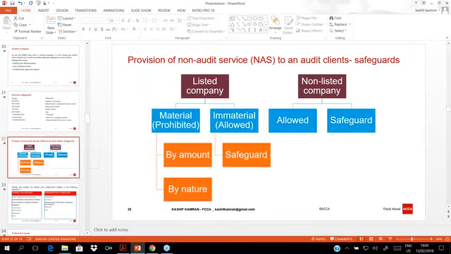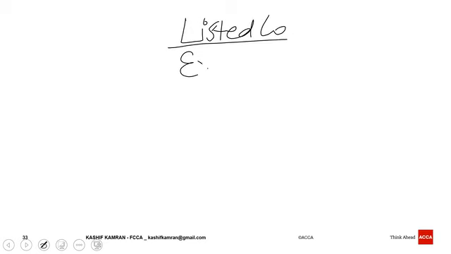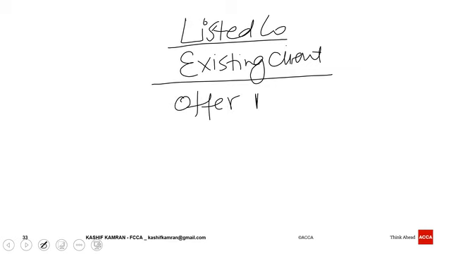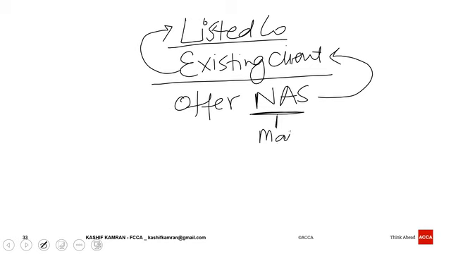And just before changing topics, now if you're confused, if you're auditing a listed company, and that is your existing client, and the question says that you need to offer a non-audit service to your existing client, and the existing client is a listed company, then you need to consider: is this non-audit service material, or is this non-audit service immaterial?